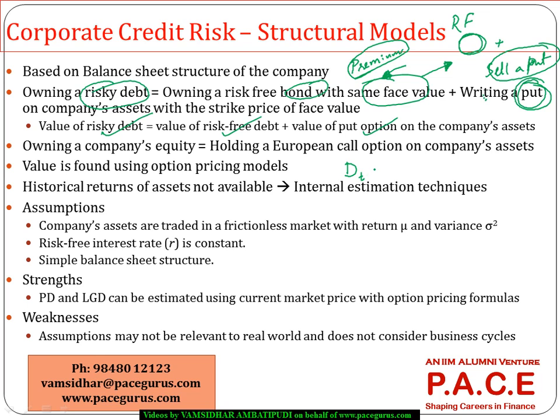When I am talking about debt, the value of the put option is the value of the asset times N of minus d1 plus K e to the power minus rT, K e to the power minus r into 1 minus T, N of d2.